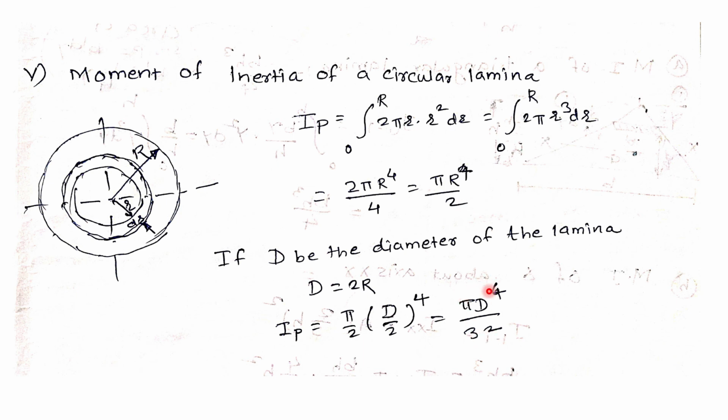In terms of d, if we replace R as d by 2, we get pi d to the power 4 divided by 32. Keep it in mind, dear student, this is the polar moment of inertia.